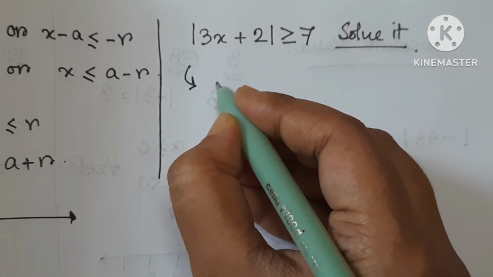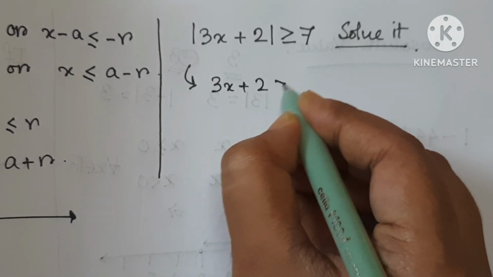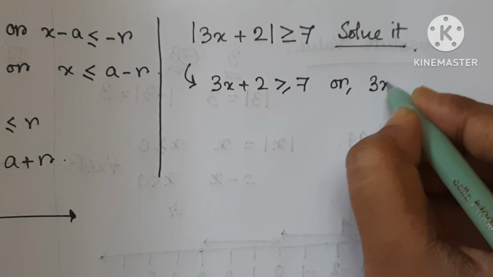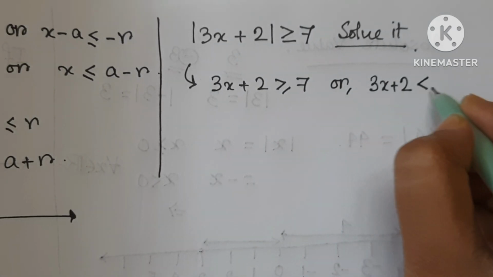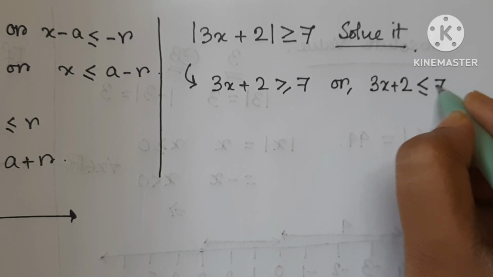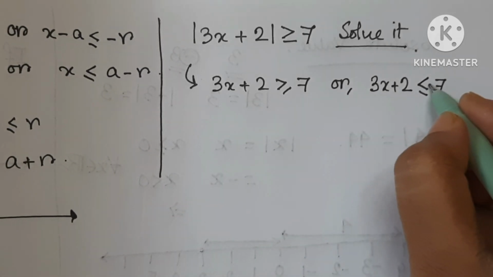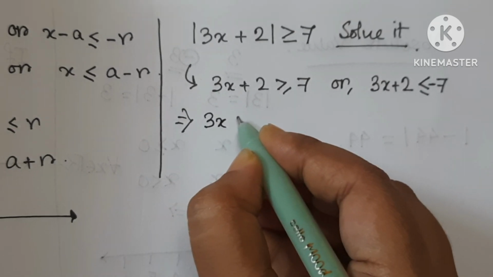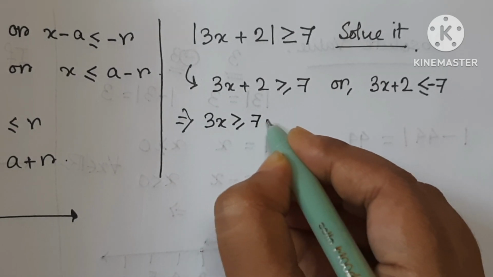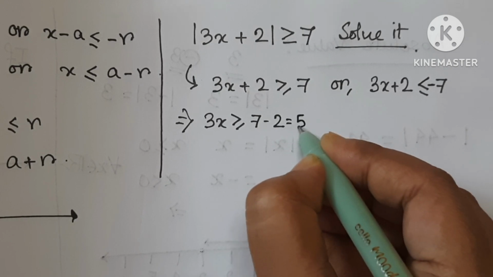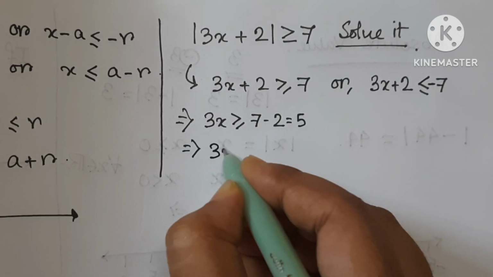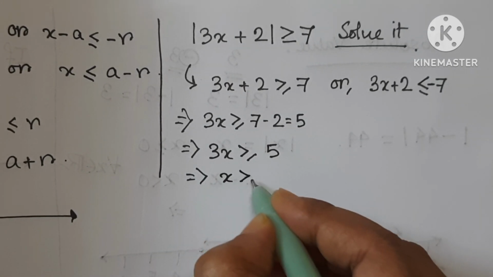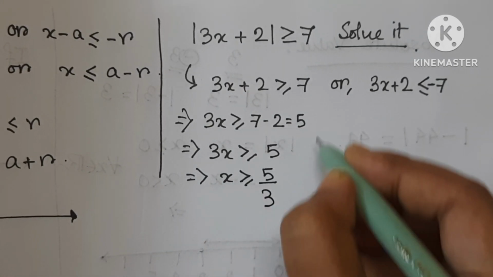Right. This implies 3x plus 2 greater than or equal to 7, or 3x plus 2 less than or equal to minus 7. Okay, sorry, minus 7. Now it gives you 3x greater than or equal to 7 minus 2, that will be 5. 3x greater than or equal to 5, that means x greater than or equal to 5 by 3.